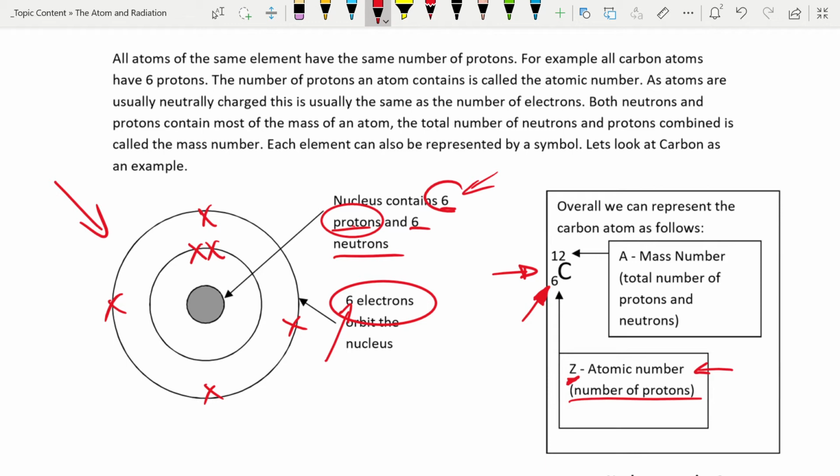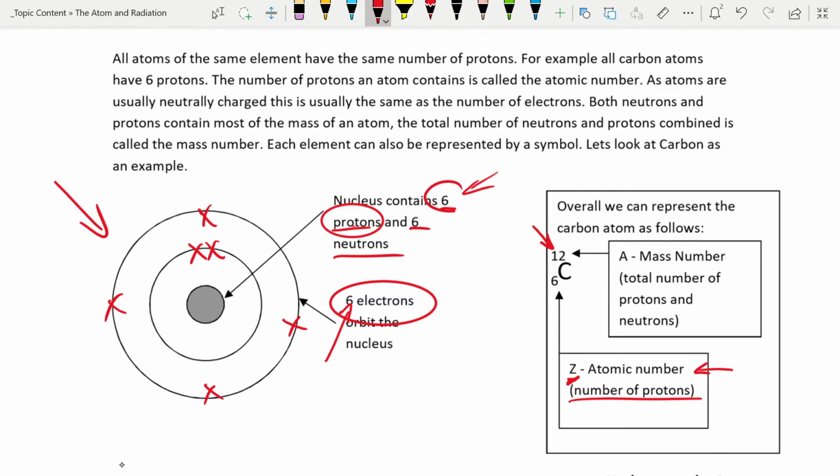The top number up here, the 12, is sometimes referred to as the nucleon number, but in chemistry and more commonly, it's referred to as the mass number, because it's the number of particles that have a lot of mass in there. So in this case, we have 6 protons and 6 neutrons.